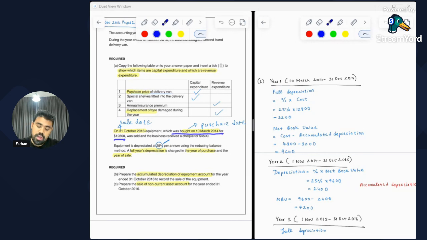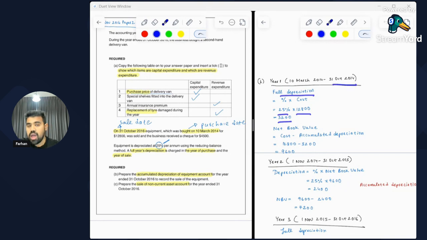So the full depreciation in this case is calculated by multiplying the given percentage of 25 with the original cost of 12,800, which gives us a full depreciation of $3,200 in the first year, which ends 31 October 2014.